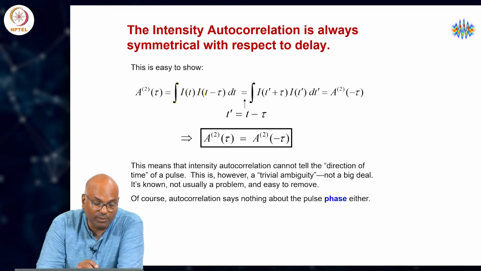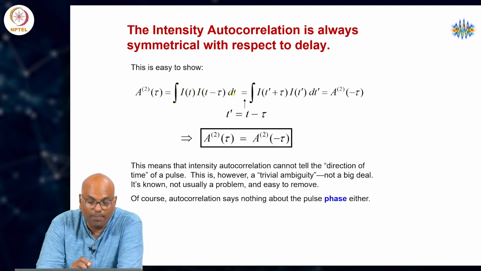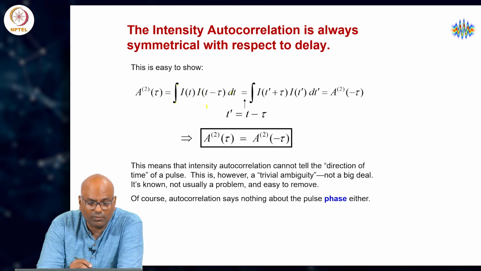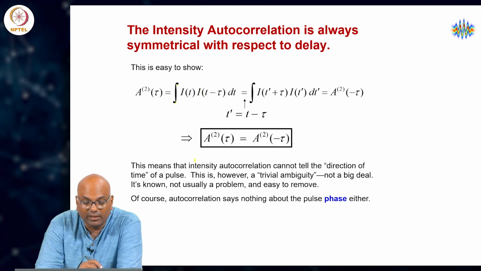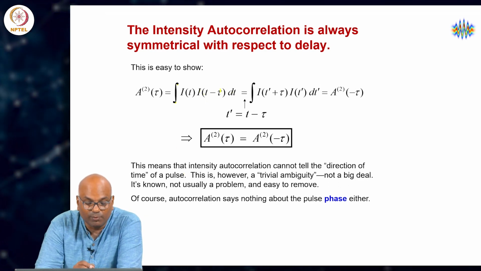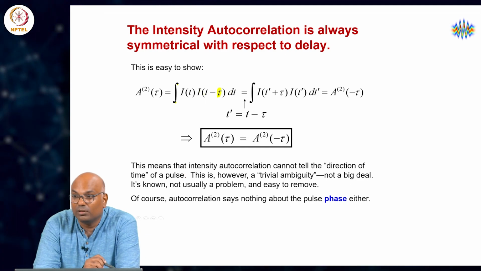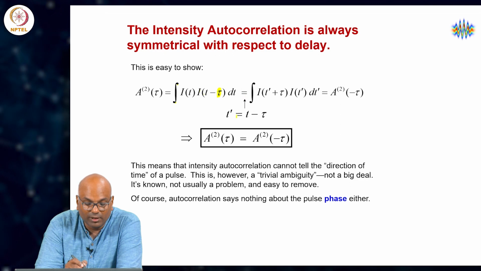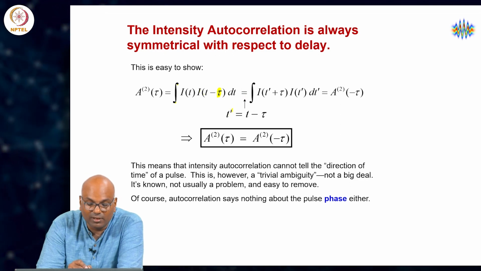So, it is I of t multiplying I of t minus tau dt. Now, we essentially want to check the fact that this is symmetric with respect to the 0 of the delay. So, now here insert a new t prime.